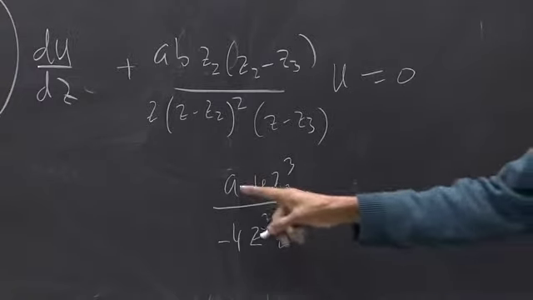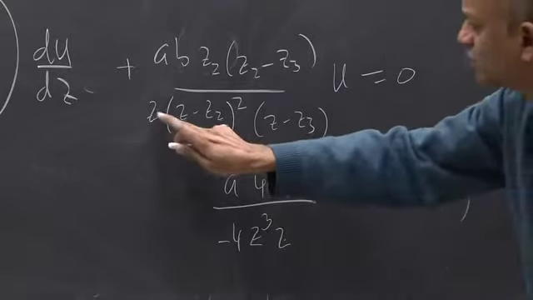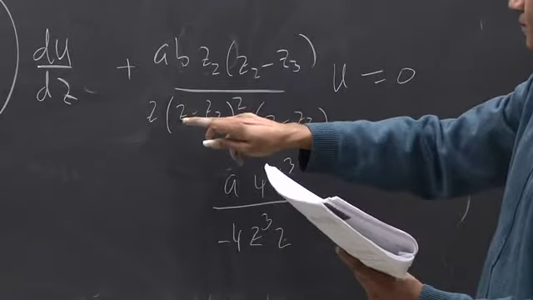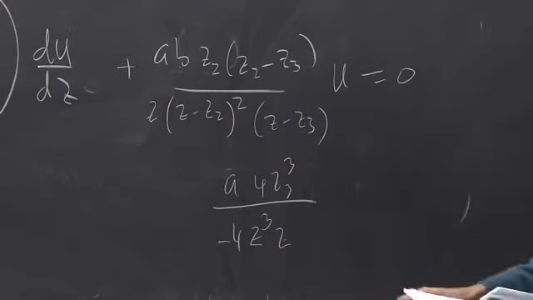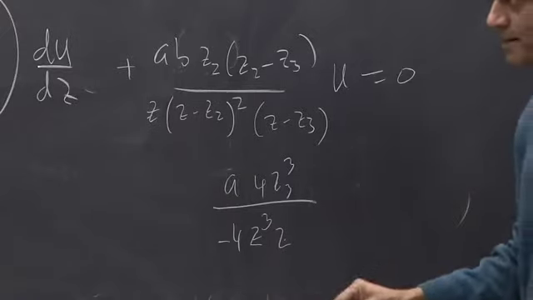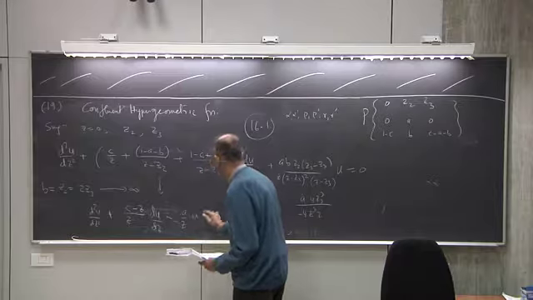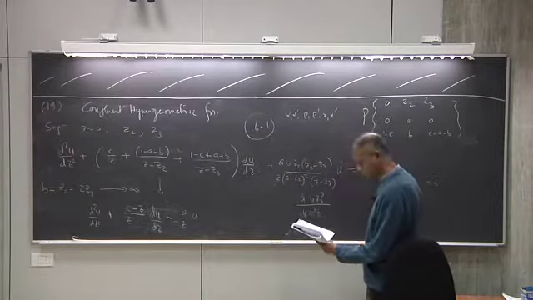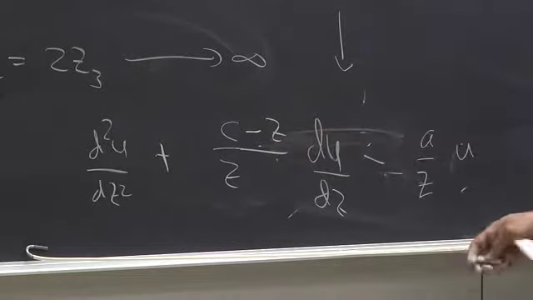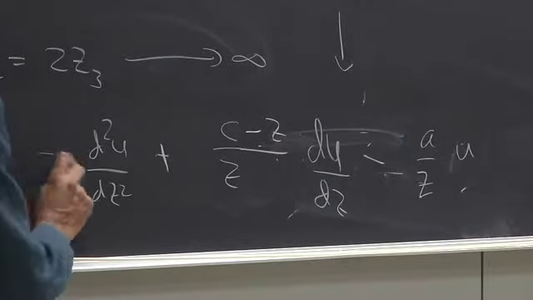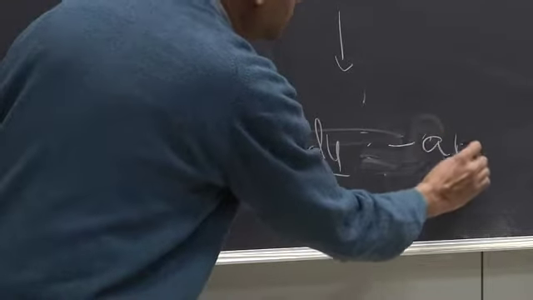So this becomes simply -A by Z. No, sorry, this is Z. So you get here -A by Z times U. Yeah, that's correct. So you just multiply everything by Z, and you get this equation with -AU.